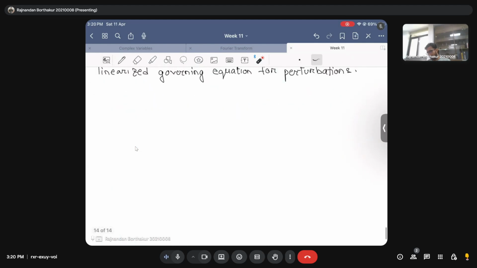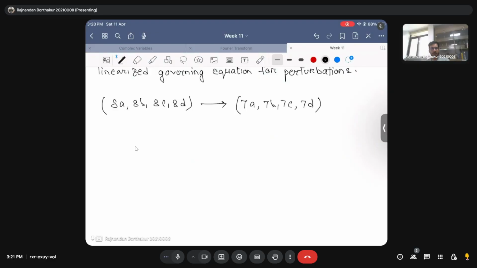So I'll just take 8a, 8b, 8c, and 8d, which are the representation in normal modes, and substitute them in equations 7a to 7d. We'll just replace the u prime, v prime, w prime, and p prime in terms of their normal modes. Basically, that's all that we do.